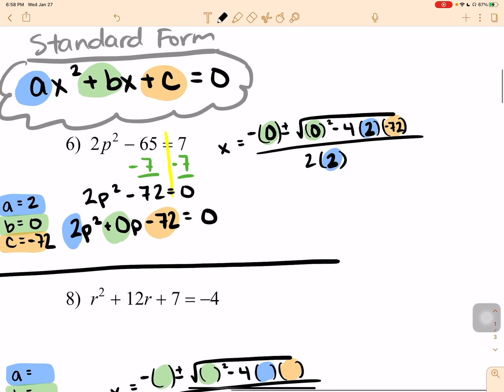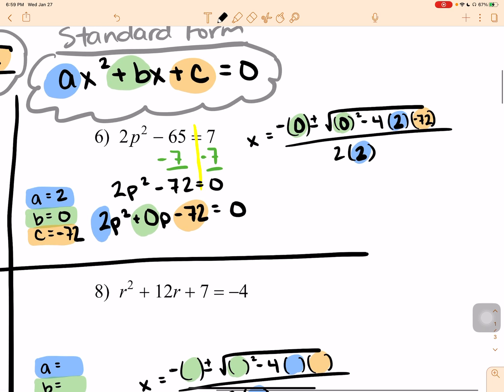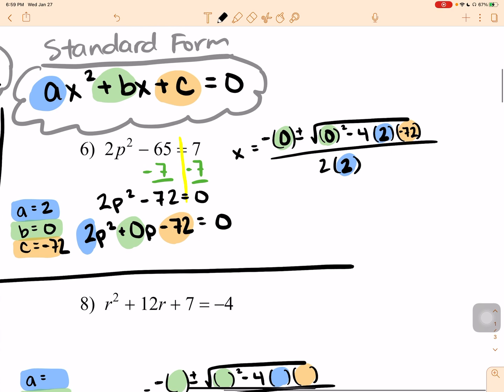So I'm going to simplify this one just so you can see what happens whenever you have a b that's 0, or maybe even any other number that's 0. Okay, so we're going to simplify this. X equals, well, negative times 0 is 0. So this plus or minus doesn't really end up being anything there. So we'll leave the 0 though.